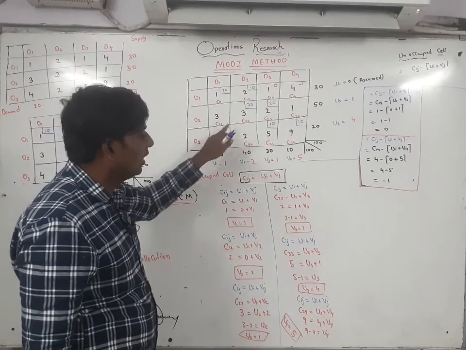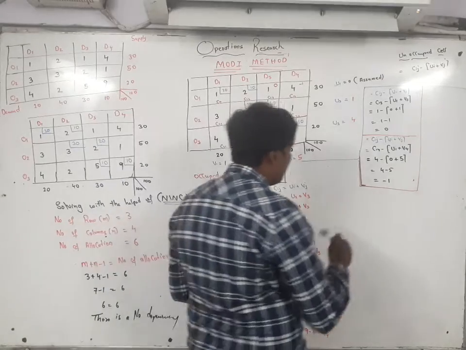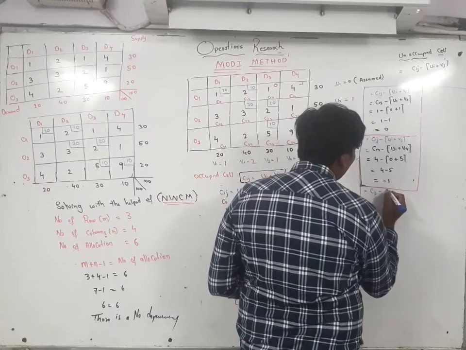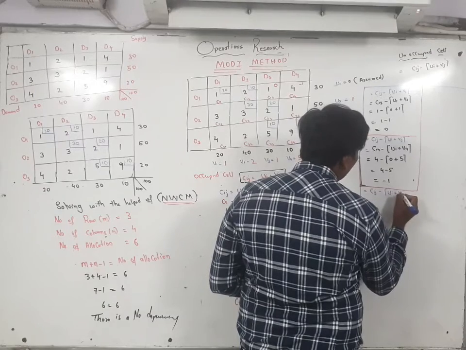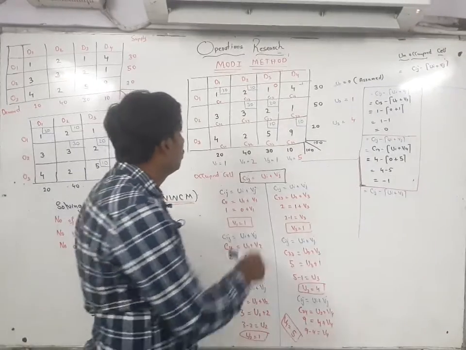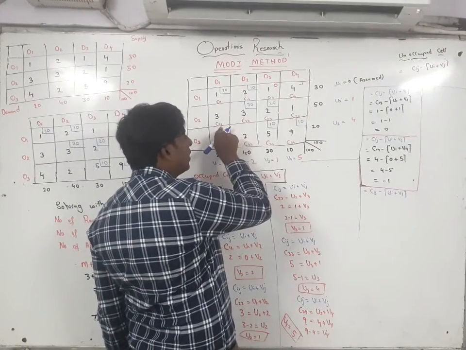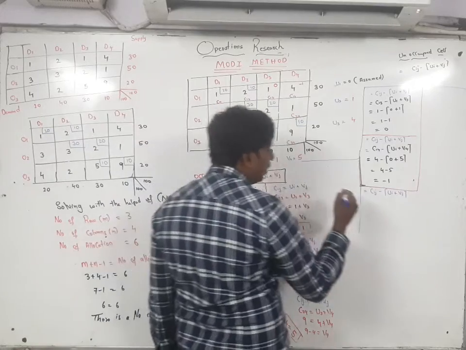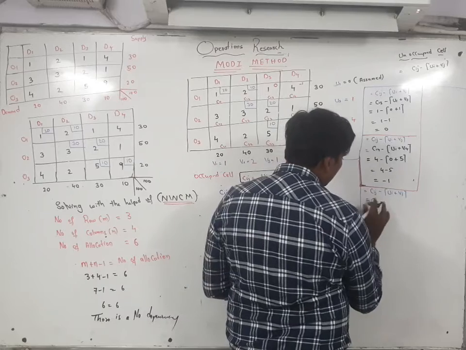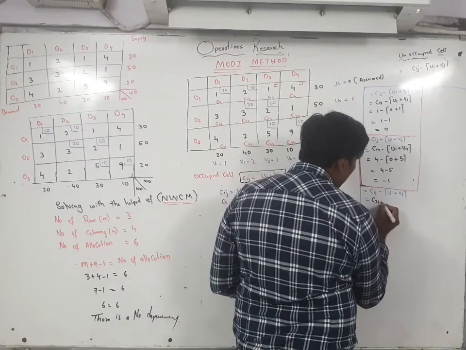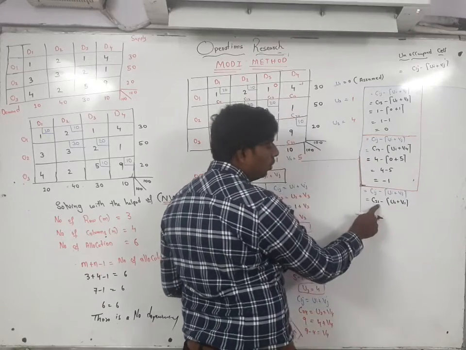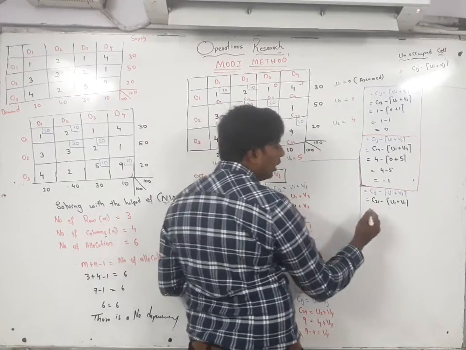Where is the unoccupied cell? Here is the unoccupied cell. So next I am finding Cij minus ui plus vj. The cell name is C21, so here I will write C21, with u2 and v1.